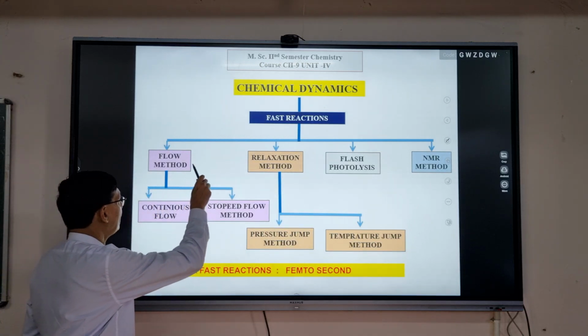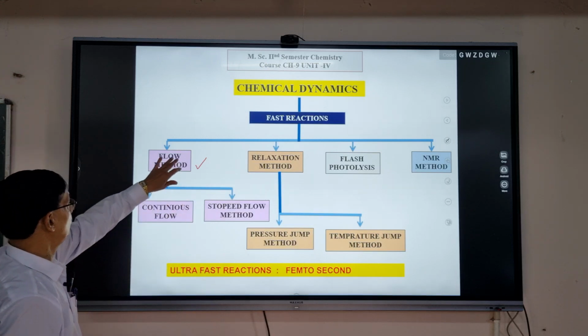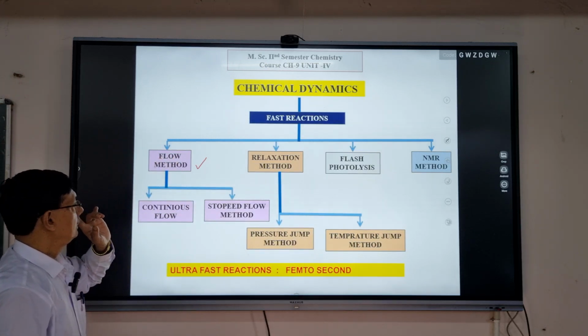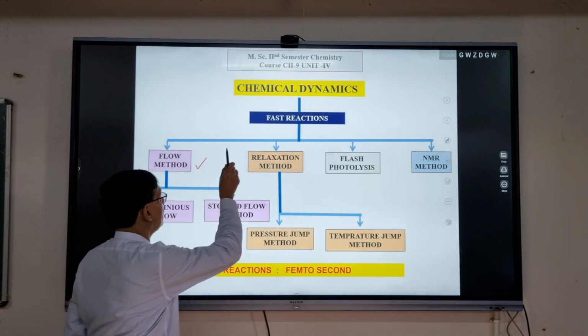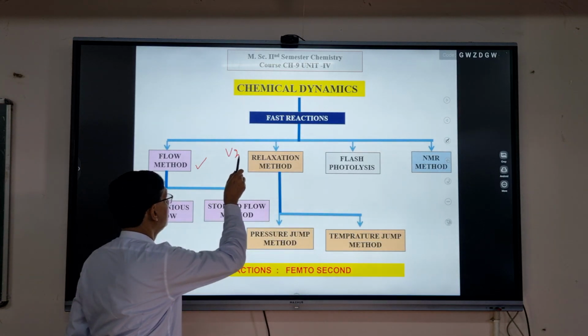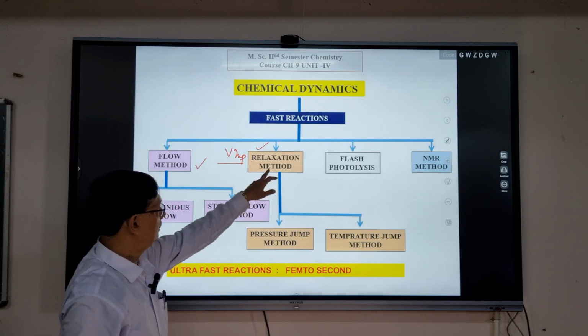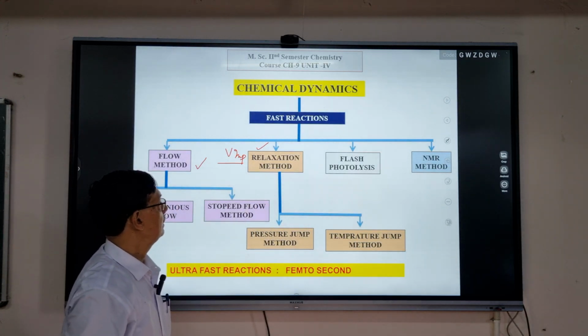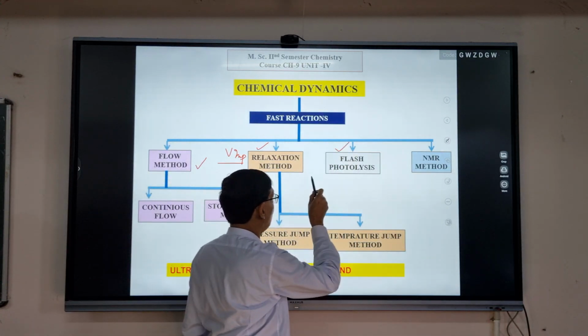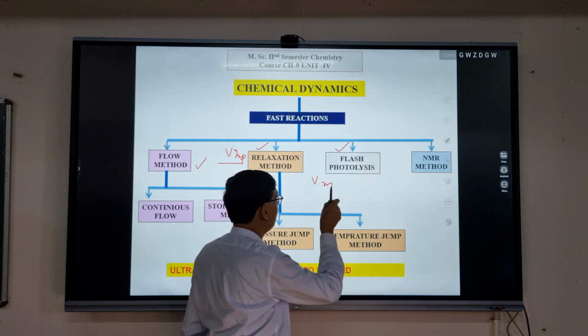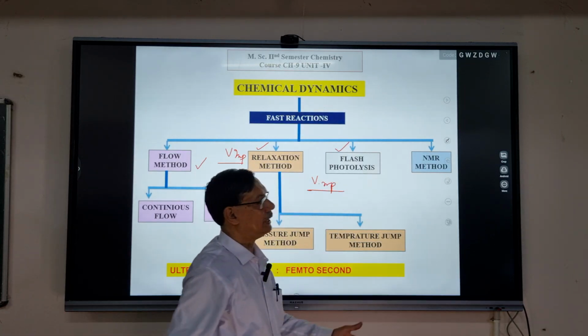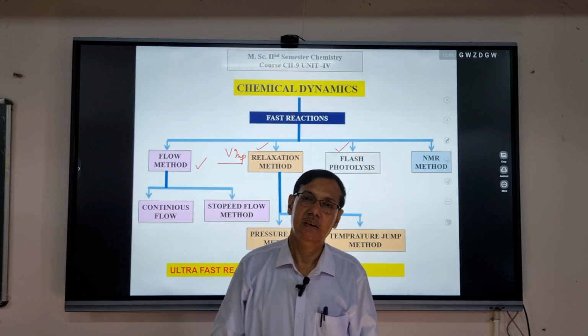Okay. So the first method is the flow method. Today I will discuss only the flow method. The second method is very important. Again, it is a Nobel Prize method, Manfred Eigen's method. Flash photolysis is again important. Again, it is a Nobel Prize method. And you know that in NMR, there are many Nobel Prizes.